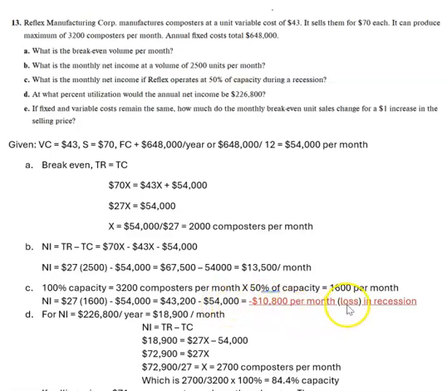That gives us a loss of 10,800 in a month. And we knew right from the beginning it was going to be a loss, because remember up here to break even, they have to sell 2,000, and 50% of capacity is only 1,600. So if we only sell 1,600, we knew right there we were going to have a loss.